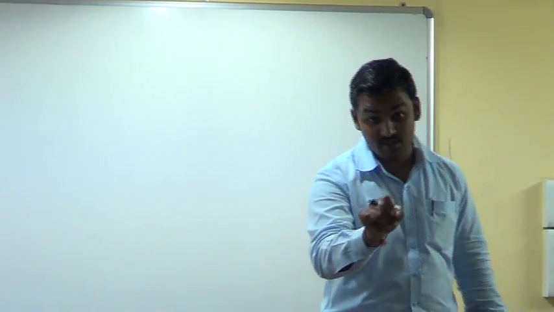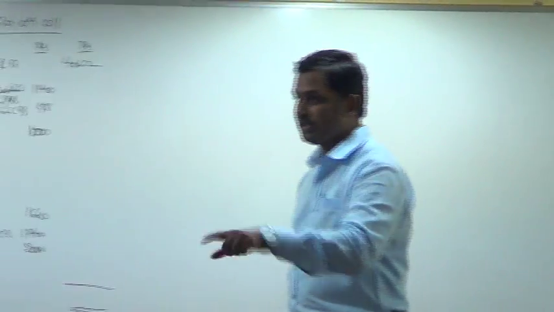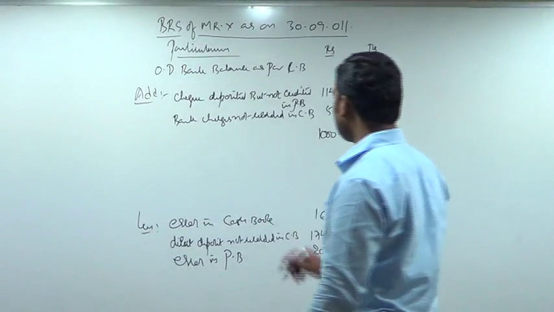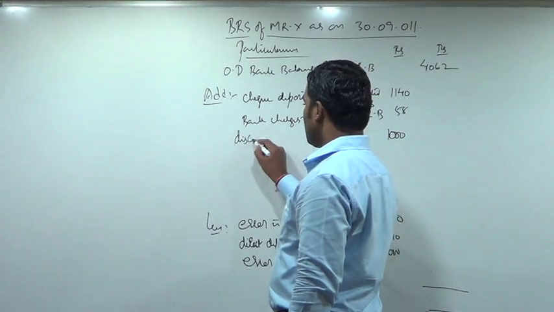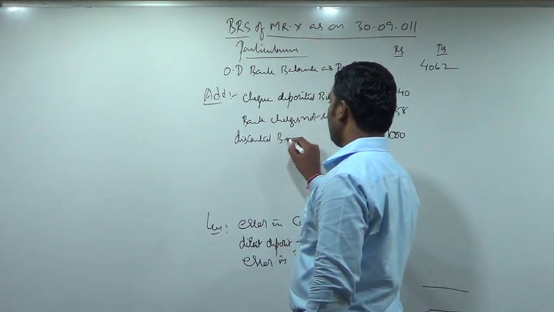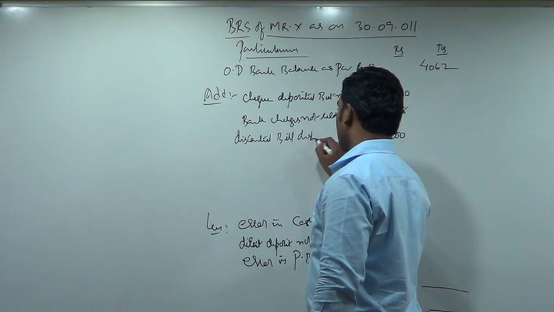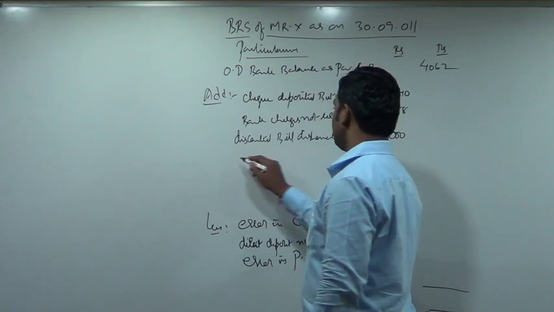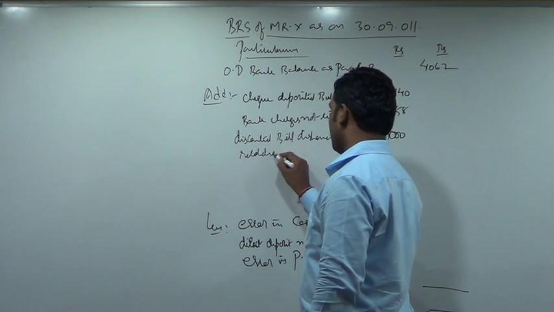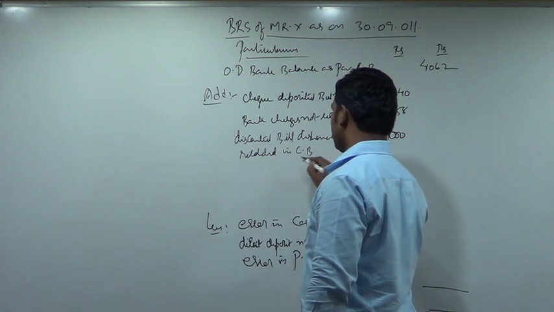Bill amount plus noting charges. Not the net amount of the bill. Bill amount plus noting charges deduct. Discounted bill dishonored, not recorded in cash book.